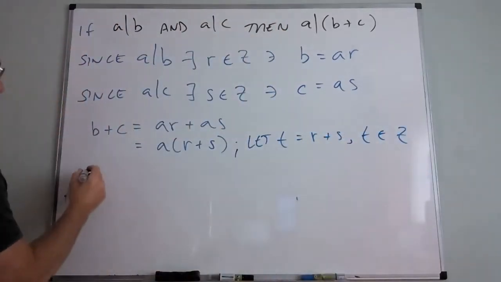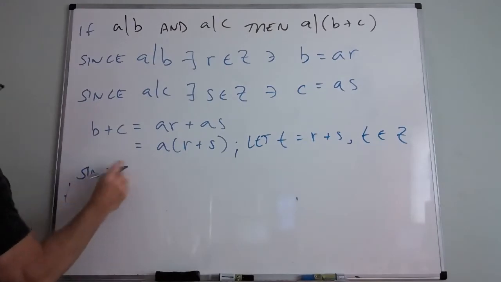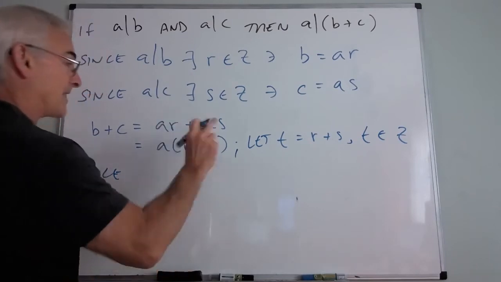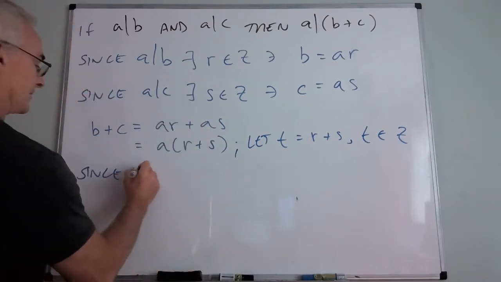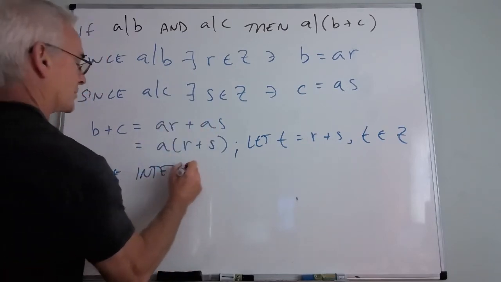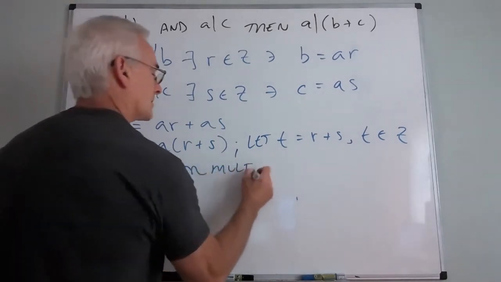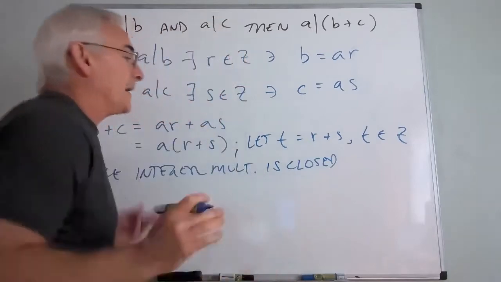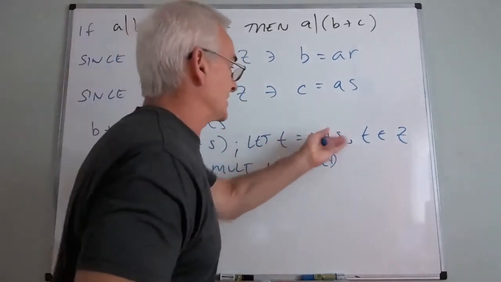Again, the whole closure thing, since I know this gets redundant, but again, you got to do it because sometimes I might not be able to find that thing. Since integer multiplication is closed. I mean, that's not a long statement. Now, why is it so important that I say this?